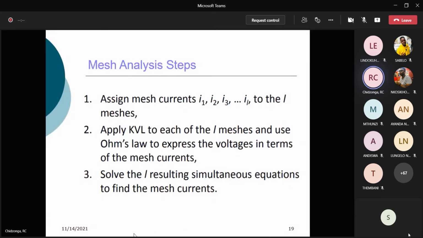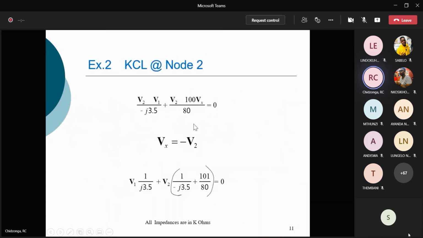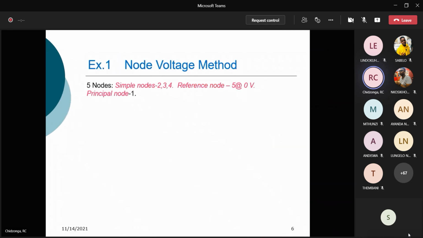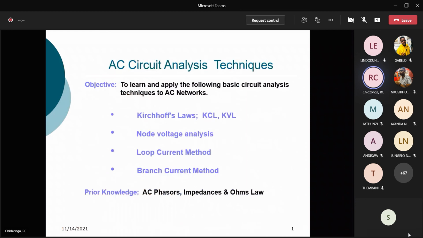Now, in the past, every time I came to teach three-phase, I would see that a lot of students would have disappeared. And when it comes to the test, they fail to answer the questions, and therefore they score very poor marks.